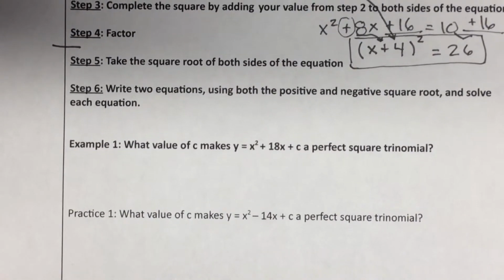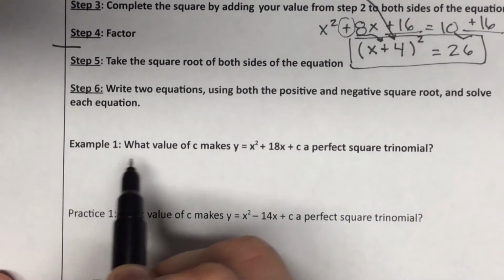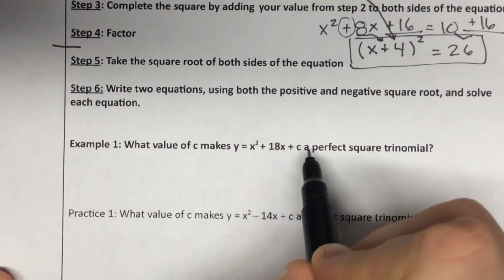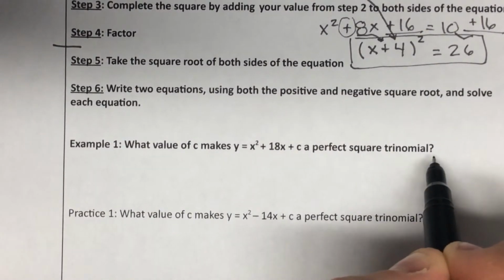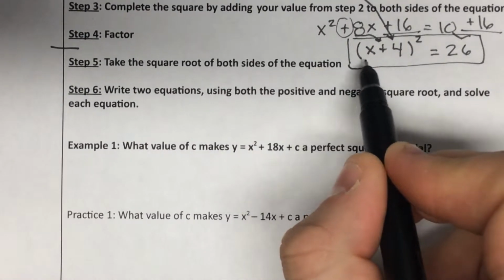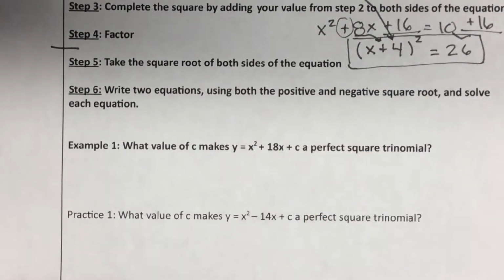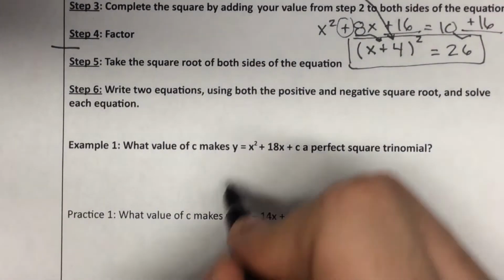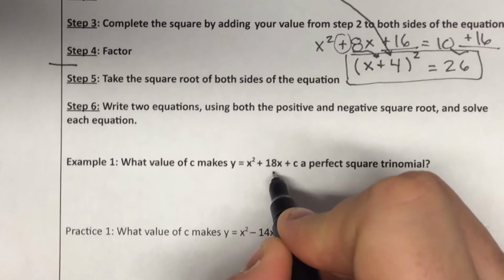So let's look down at example 1. It asks what value of c makes it a perfect square trinomial. Okay, this up here, the (x + 4)², that is a perfect square trinomial. So I'm going to do the same process.